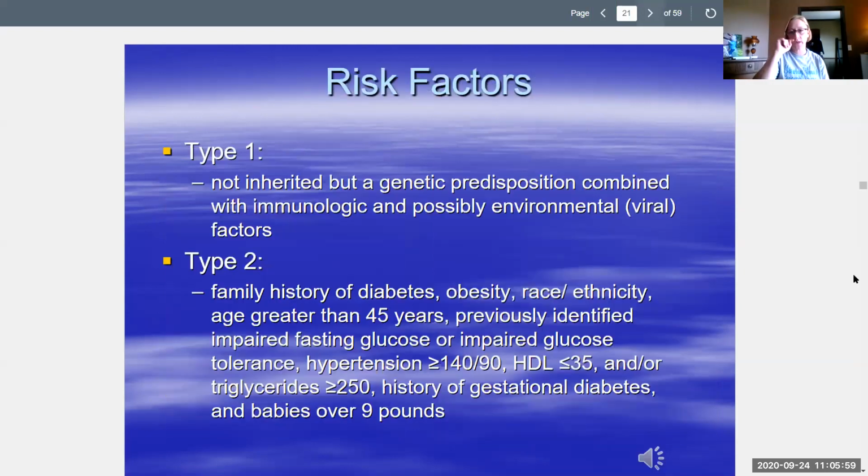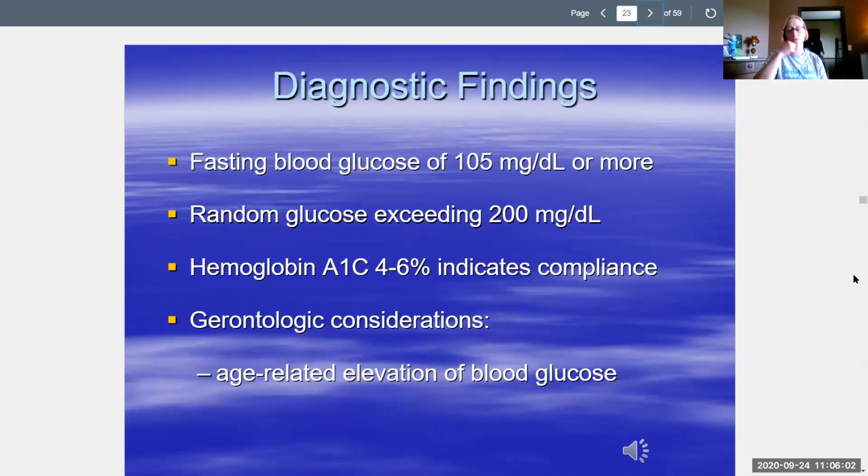So a fasting blood glucose of 105 or more can indicate diabetes. A random glucose exceeding 200. And then our biggest indicator for diagnosing diabetes generally tends to be our hemoglobin A1C, or glycosylated hemoglobin, and it should be between 4 and 6%.